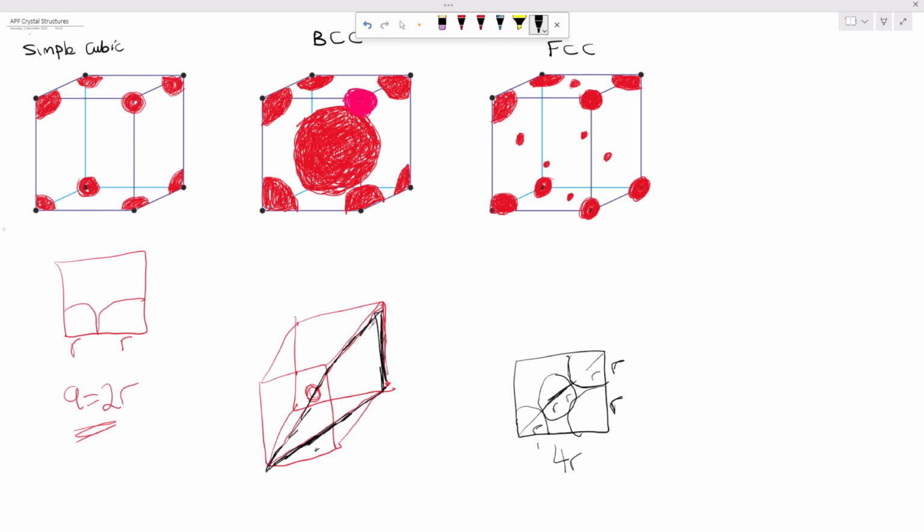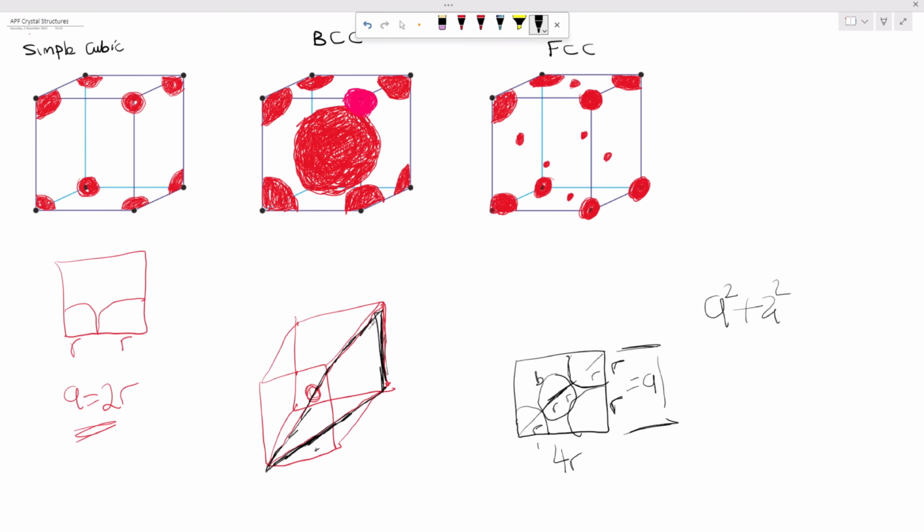Remember, for a square, all sides are equal. So if this is 2 r's, remember we said 2r is equal to a. 2r is equal to a. That's our total length here, a. Okay, let's call our diagonal b, right? So we apply our Pythagoras theorem where we say a square plus a square.